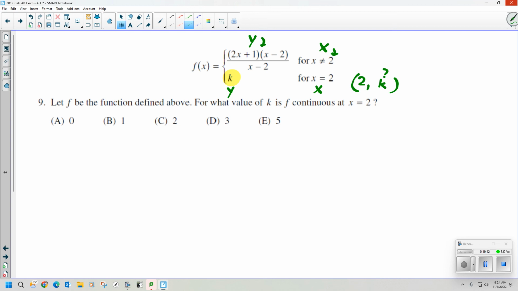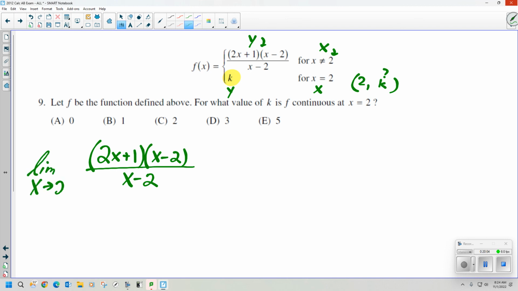So first, let's look at the top. Notice that (2x plus 1)(x minus 2) all over x minus 2. First of all, if I try to take the limit, like what is this approaching as x approaches 2, I can't just plug in a 2 because of the bottom.